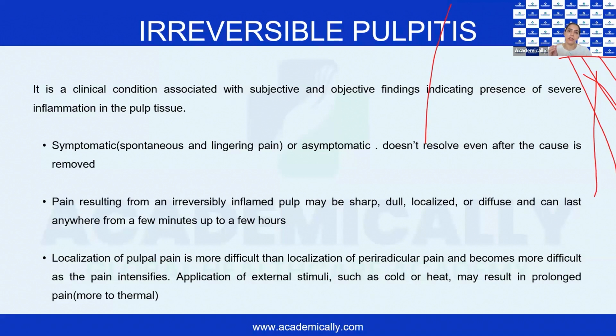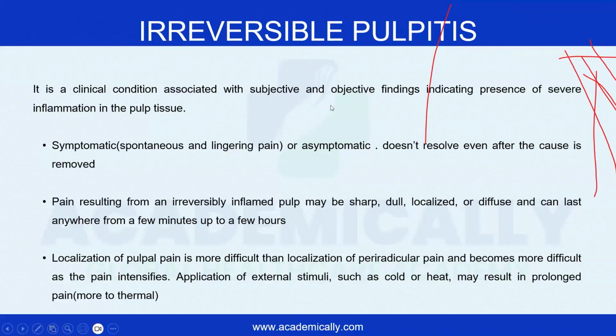In an IOPA, or even if you take a bitewing, you would see a caries lesion with radiolucency approaching the pulp. So those two things will give you more idea of reversible pulpitis versus dentinal hypersensitivity.